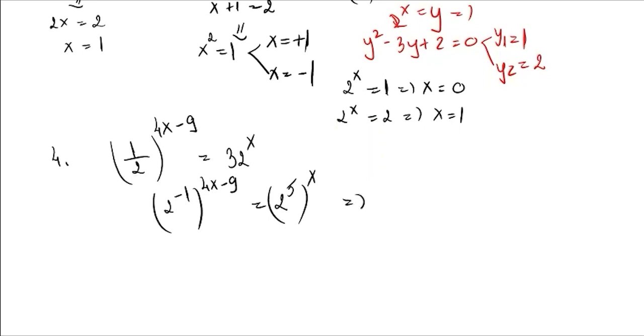It follows that 2 to the power of 9 minus 4x equals 2 to the power of 5x. Since the bases are equal, the exponents are also equal. So in this case, x equals 1.